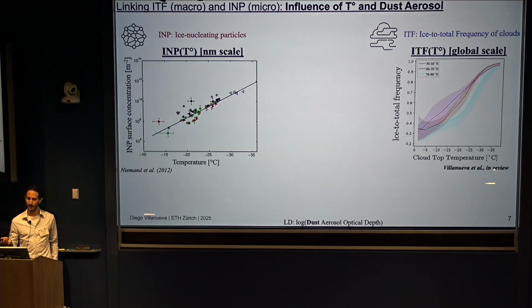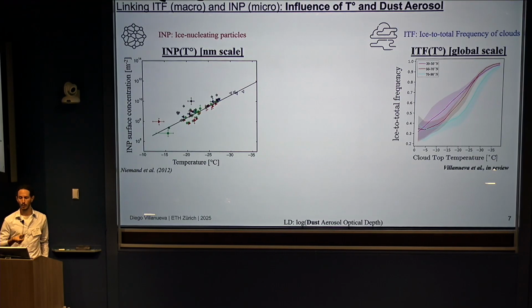Now, from satellites, we have something similar. When you look at this ice to total frequency I introduced earlier, you can look at how at colder and colder temperatures you encounter that these ice clouds become more and more frequent. So this is only talking about temperature. Well, when you talk about aerosol from the laboratory, when you have twice as much aerosol, you basically have twice as many sites that are ice active.